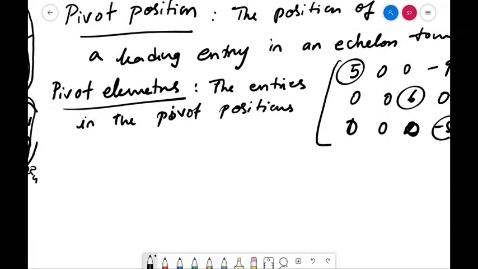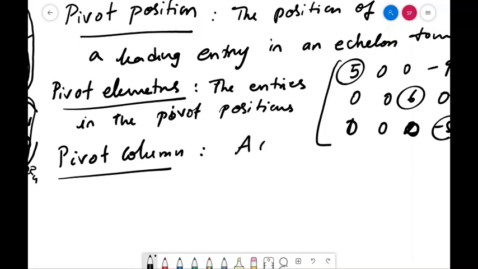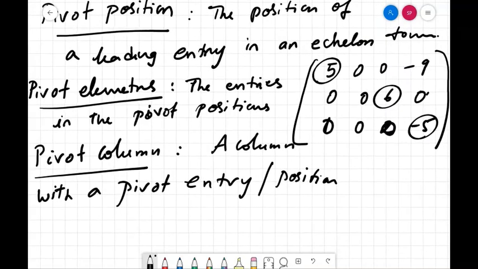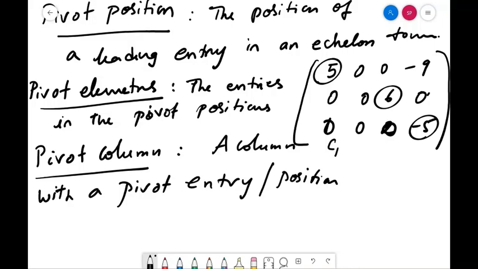And then I have another one, a pivot column. So a column with a pivot element or pivot entry, I can say entry or position, anything. So when I look here, let me take C1, C2, C3, C4 columns. If I take column 1, which has a pivot position or pivot element, I call this a pivot column.